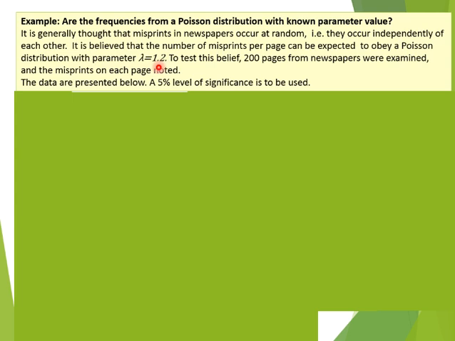So on average we get 1.2 misprints per page. Now we want to test this belief, and for that 200 pages were selected randomly from newspapers and examined, and the misprints on each page were noted. And the data are given as follows.